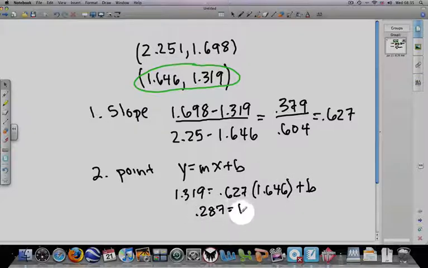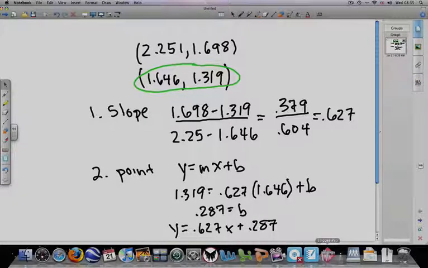If you do that math, 0.287 equals b. And so the equation of our line is y equals 0.627x plus 0.287, and that's our line.